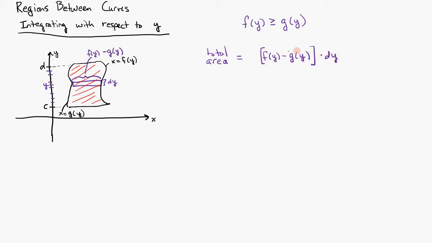We multiply the two, so that's the area of the single rectangle. And now to get the total area, we integrate over the interval. So we integrate from the lower endpoint to the upper endpoint, so from C to D.